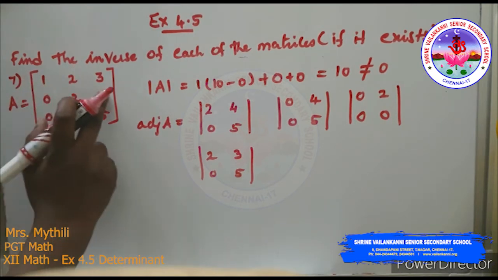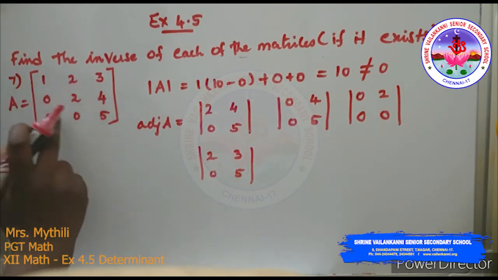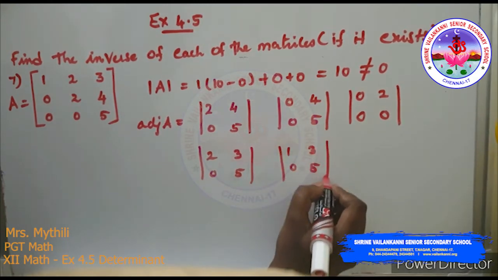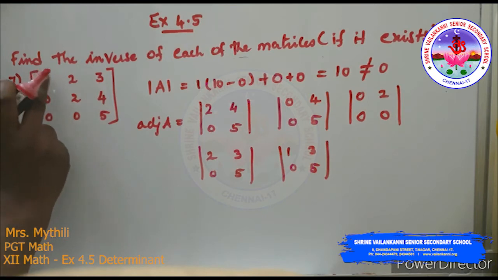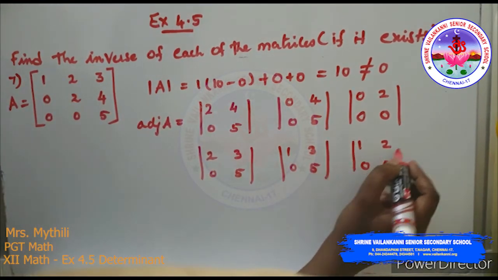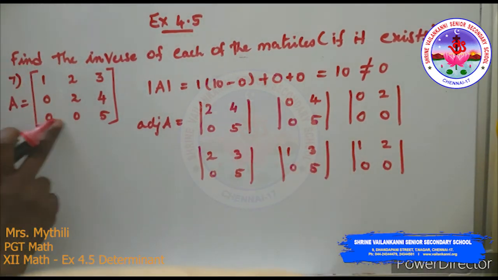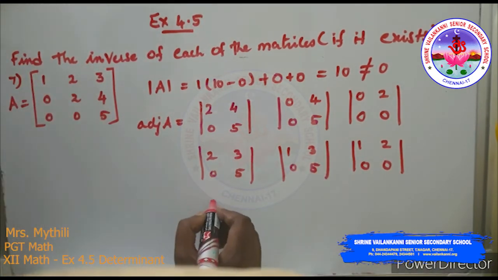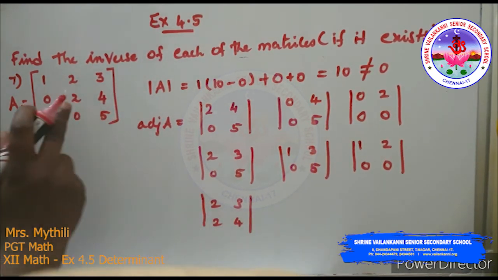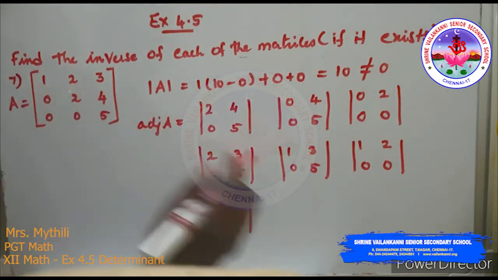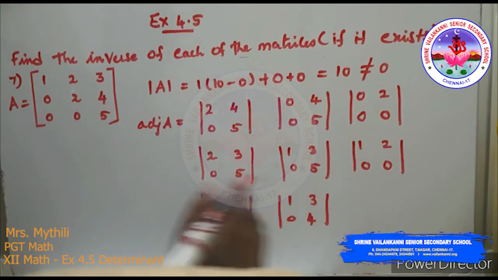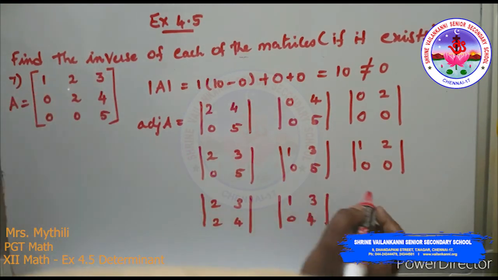A22, deleting the row and the column: 1, 3, 0, 5. And A23 is 1, 2, 0, 0. A31: 2, 3, 2, 4. A32: 1, 3, 0, 4. A33 is 1, 2, 0, 2.